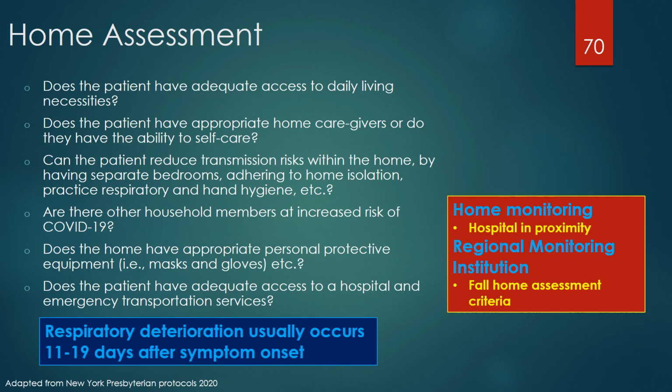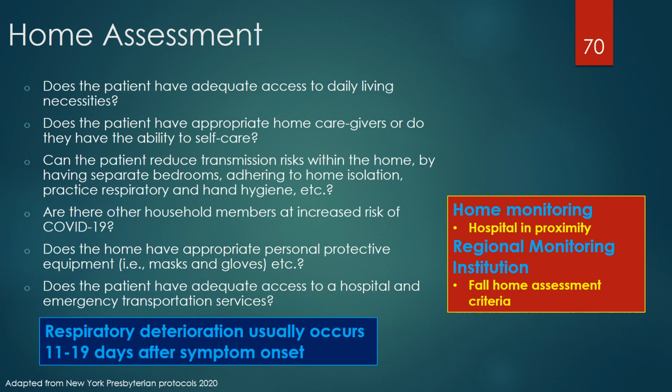Home assessment should include answering the following questions. Does the patient have adequate access to daily living necessities? Does the patient have appropriate home caregivers, or do they have the ability to self-care?